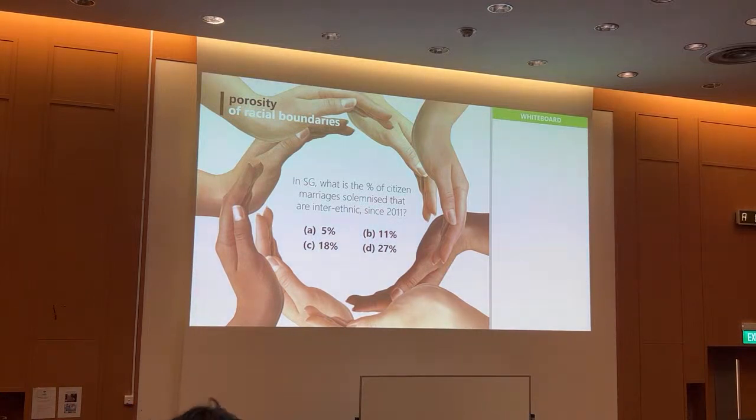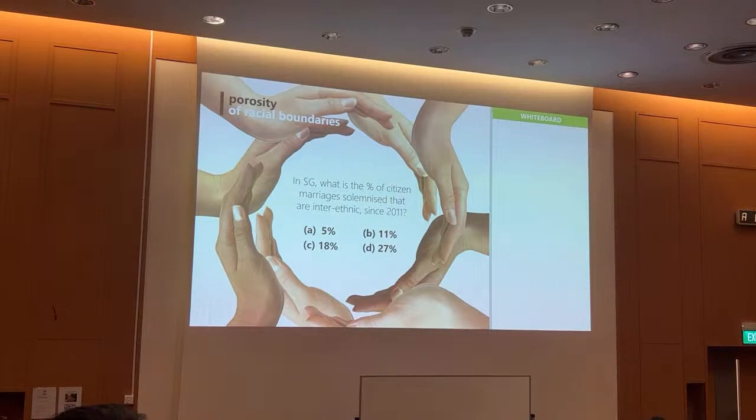So from 2011 up to about last year or the previous year, what is the percentage of citizen marriages solemnized that are inter-ethnic in nature? Inter-ethnic means that the marriage is between two people of different ethnic groups. So people of two different ethnic groups decide to get married together.